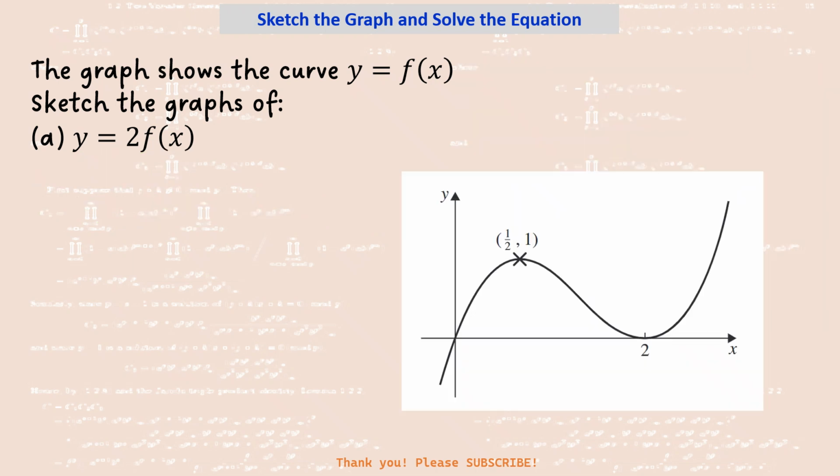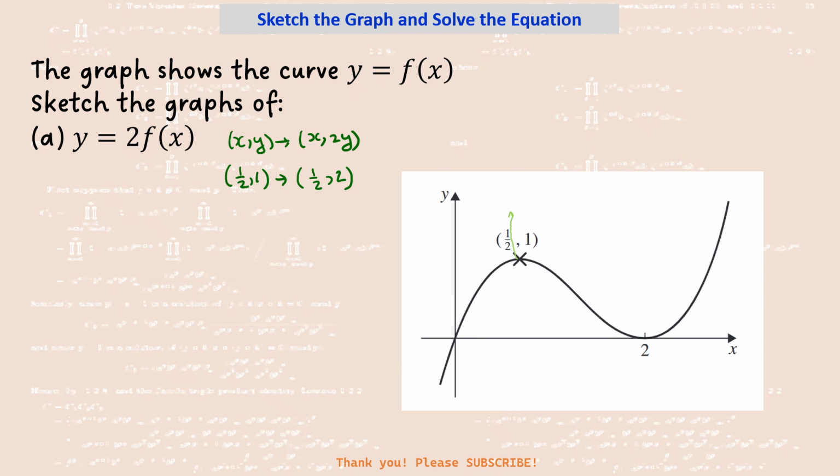So for y equals twice f(x), we know the translation is the y part gets translated to 2y, and x remains what it is. So what happens is (1/2, 1) would become (1/2, 2). So this would move up, it would be pushed up parallel to the y-axis.